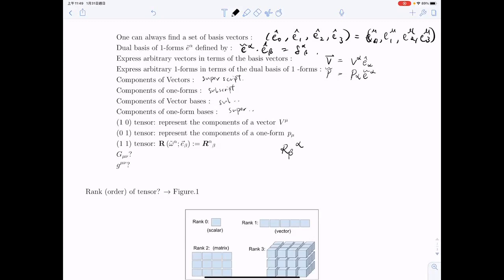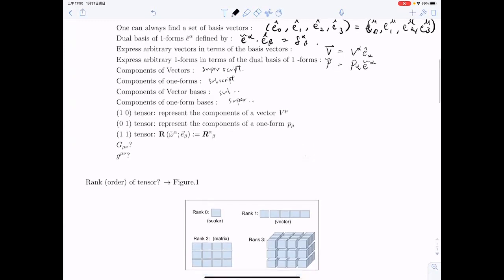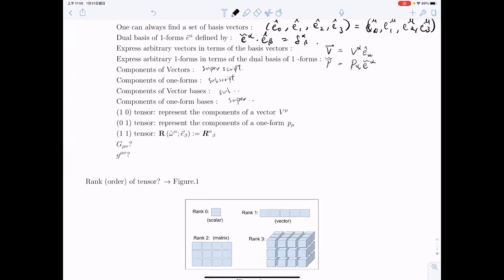You have to take care about the front and the back position of the indices, for example when writing the Christoffel symbol gamma. Be careful about the position of the indices. How about the Einstein tensor G mu nu, which is a (2,0) tensor?